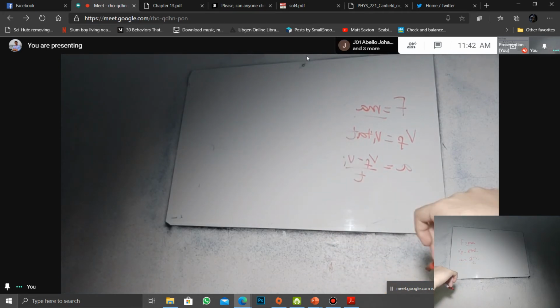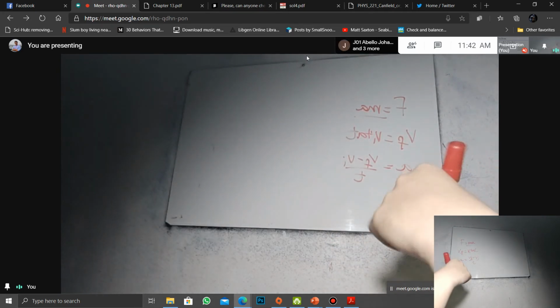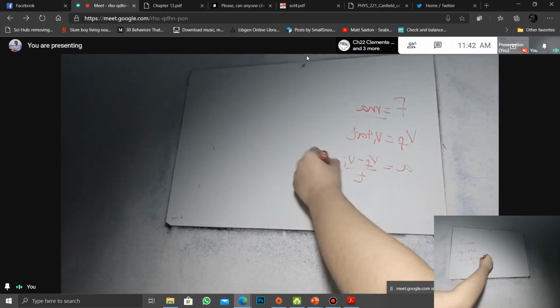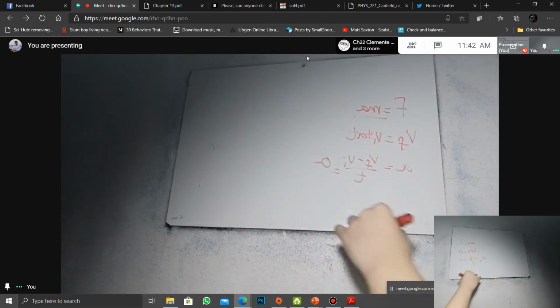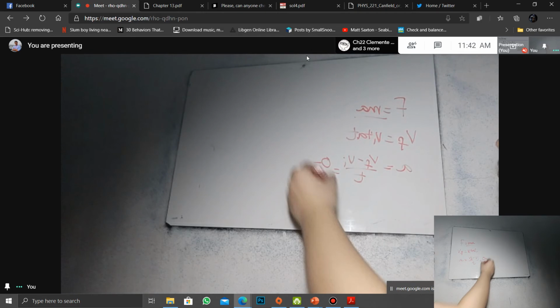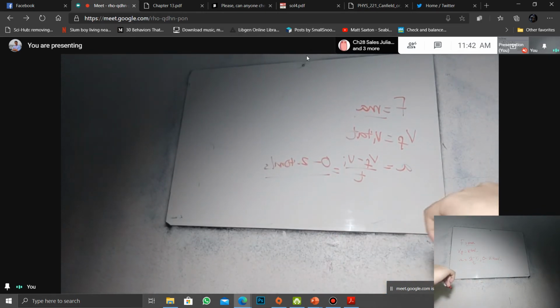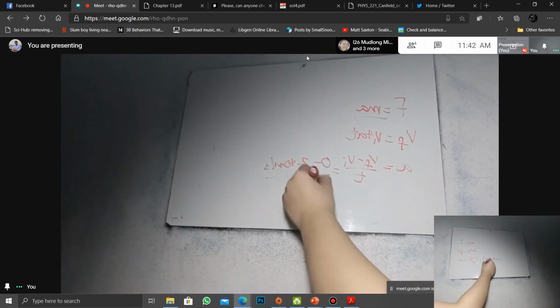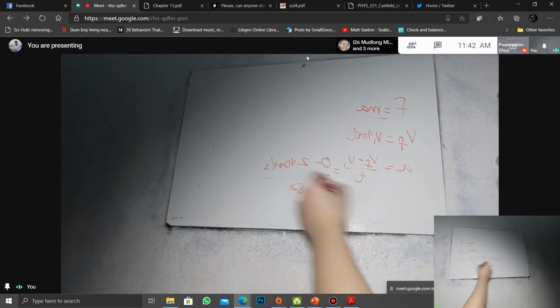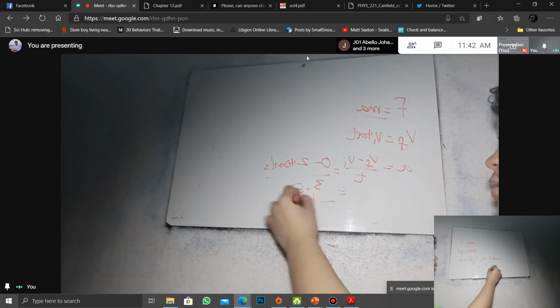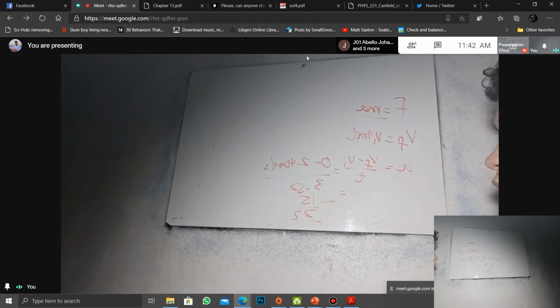So, solving VF 0, kasi initial velocity 2.40. Yung time is 3.52 seconds. Pag kinalculate mo, negative 15 over 22.